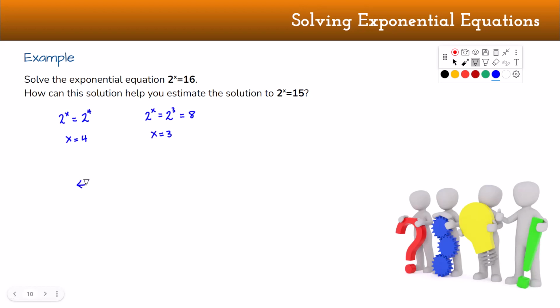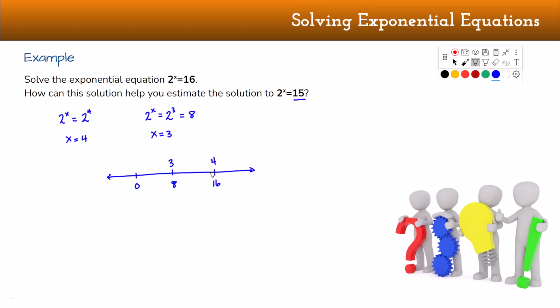Now putting this on a number line, we know 8 gave us an x value of 3, and that 16 gave us an x value of 4.